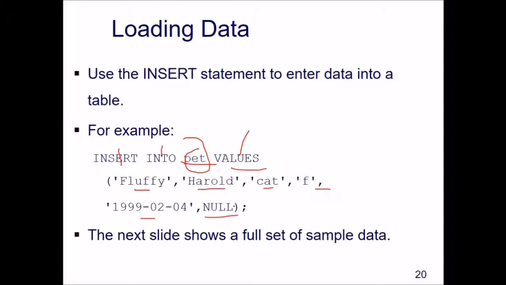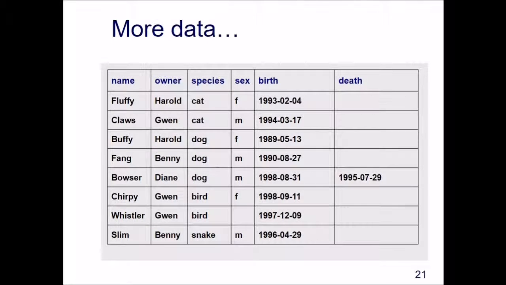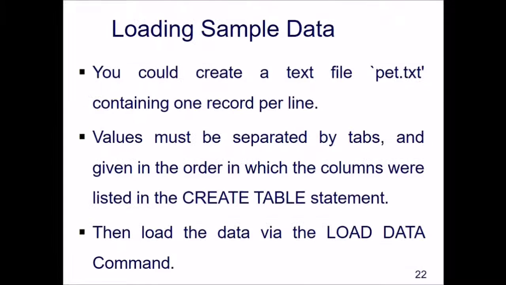Otherwise, if you are not able to give or you don't want to, you can just place null. This is the sample data which somebody would have entered, or if you try you can enter it. This is the name of the pet. This is the owner. This is the species, gender, birth, and death date. People who have not entered a death date will not be able to see it.